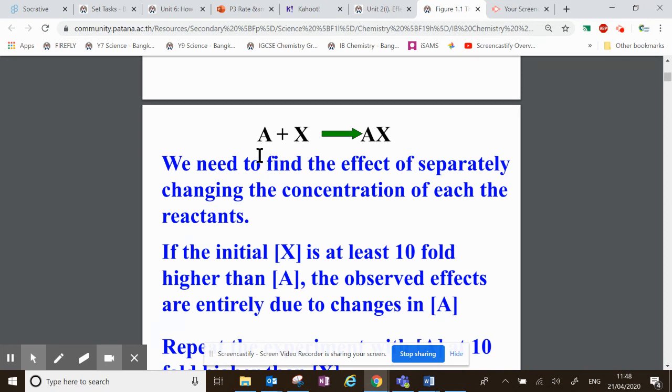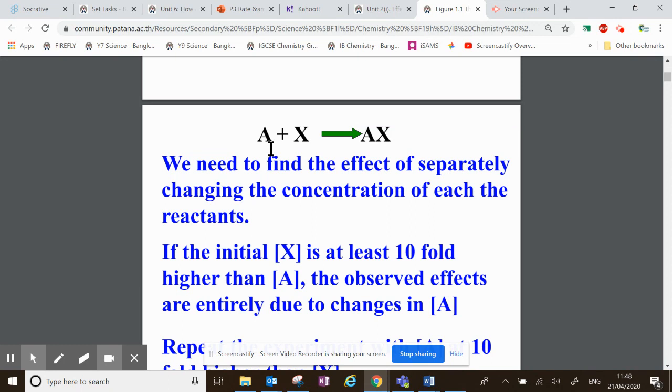Now these numbers, these orders, give you a sort of scaling of to what extent the rate of reaction depends upon those reactants. The numbers that you need to know about are 0. The reactants have no effect upon the rate of reaction, which is a bit of a weird thing, which will make sense when we look at mechanisms. So in some cases, concentration of a reactant has no effect. It's a 0 order.